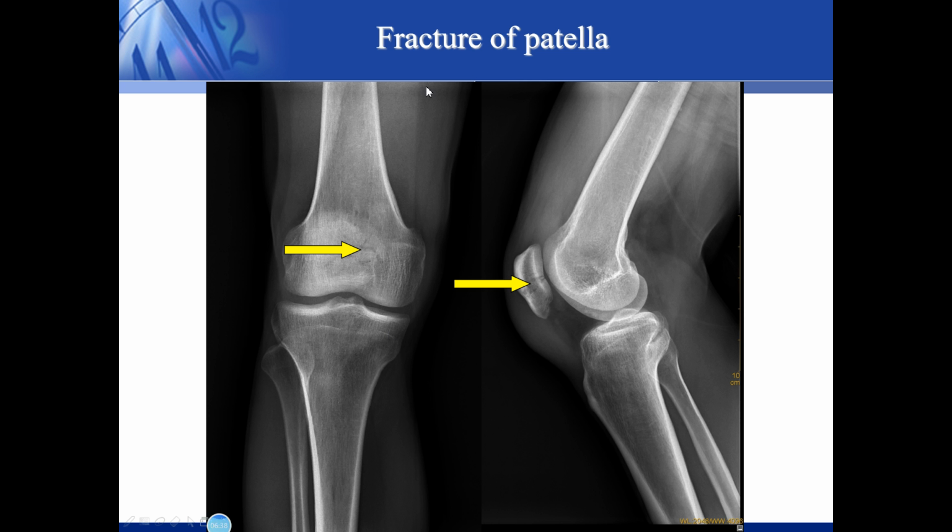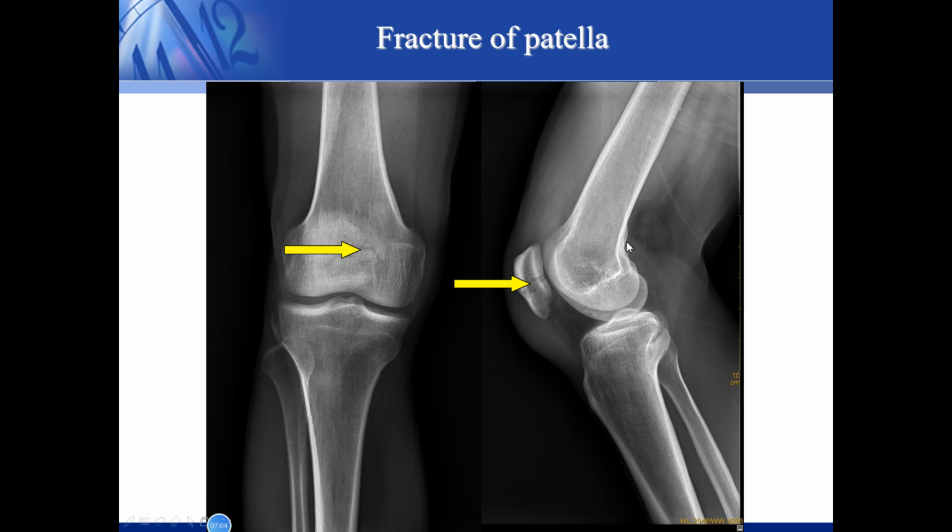And here is the fracture of the patella. In this view, we could not see the patella so clearly. It seems there is a fracture line in it, but we could not be sure whether the translucent line is in the patella or in the distal part of the femur.